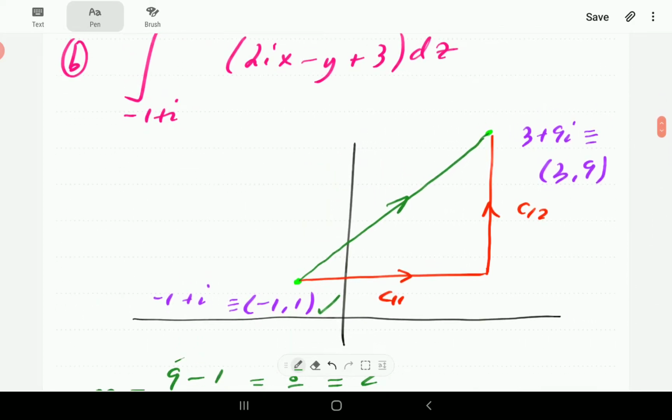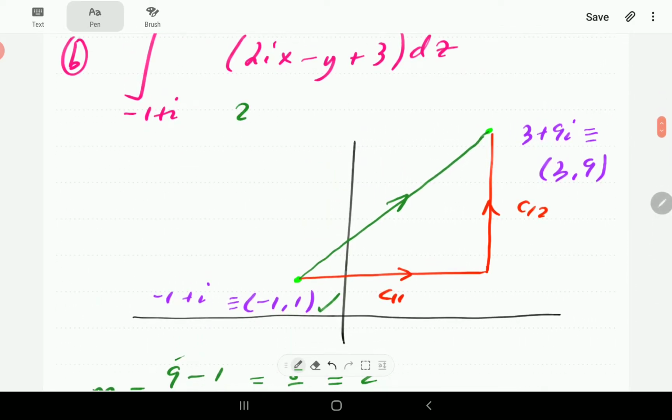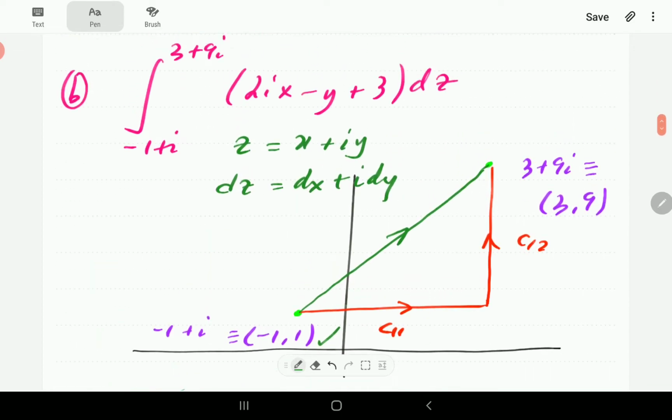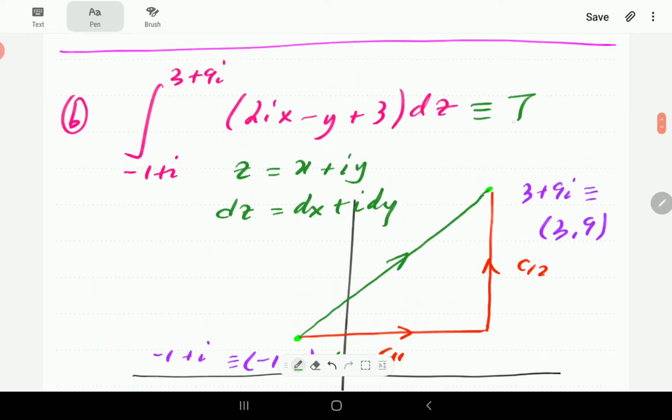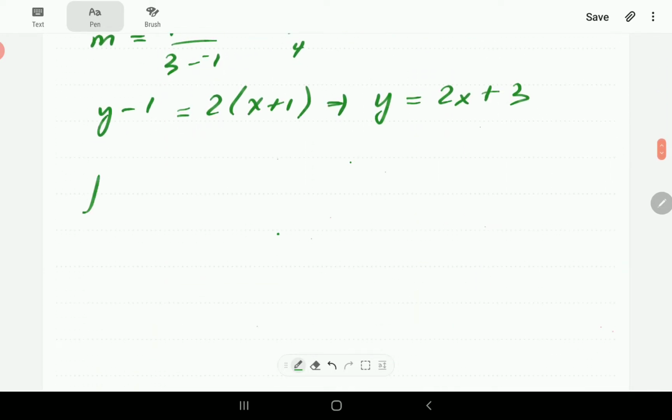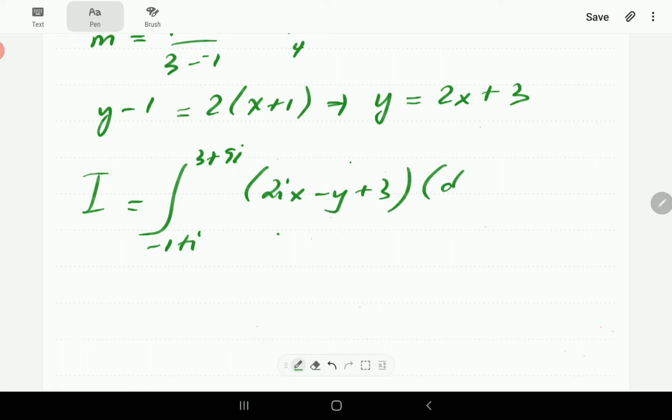Now, if I rewrite this, remember, since z is x plus iy, then dz is dx plus i dy. So that means our integral here is the integral from -1 plus i to 3 plus 9i of (ix minus y plus 3) times (dx plus i dy).